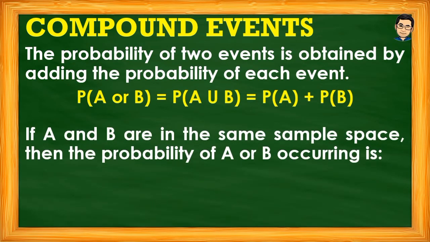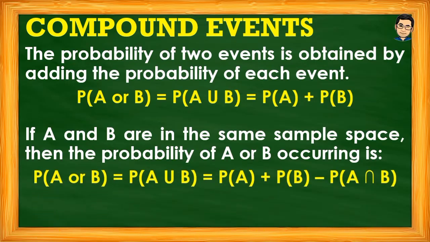And then, if A and B are in the same sample space, then the probability of A or B occurring is, ayan, the probability of A union B is equal to the sum of the probability of A and B minus the intersection.